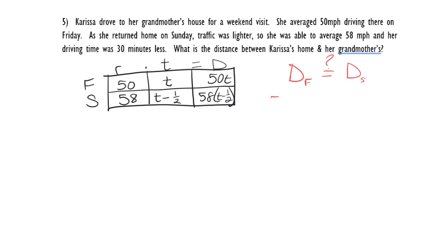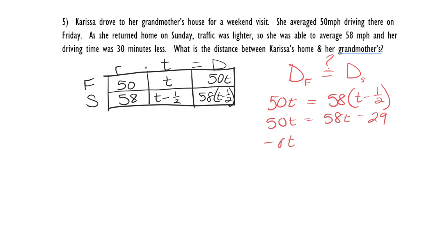So this would be one of the problems where you just set your two distances equal to each other. So then you're going to distribute your 58. And 58 times 1/2, half of 58 would be 29. Get your t's together. Going to subtract. That's a negative 8t. That got a little weird. Equals negative 29. And then you're just going to divide.